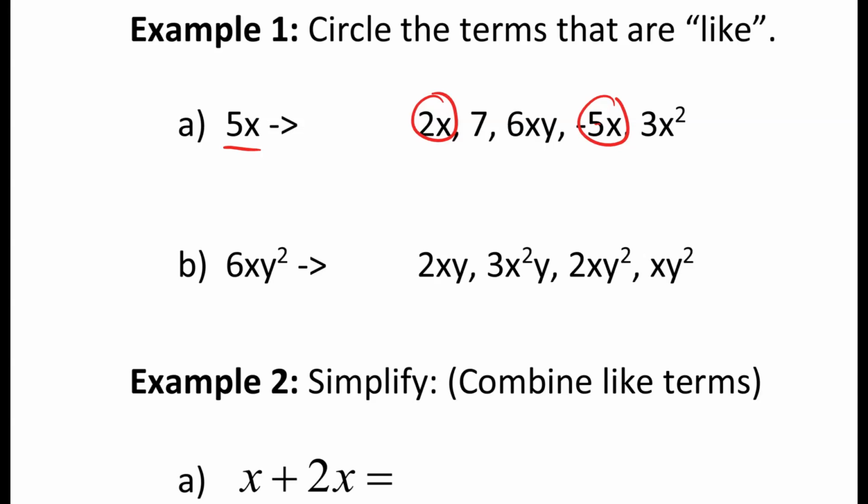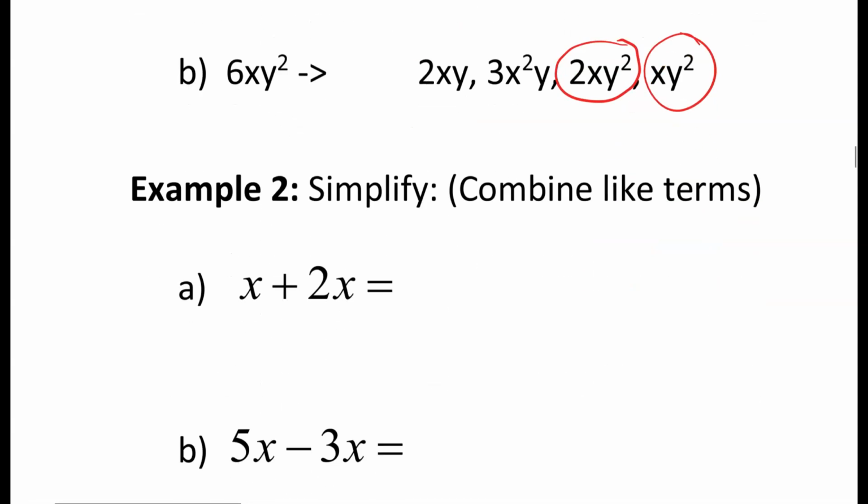It does not have a squared on the y, so it is not a like term. 3x squared y, the squared is on the wrong variable, so it is not a like term. 2xy squared, we have the x and the y is squared, so it is a like term. And we have xy squared, and this as well would be a like term because we have the variables x and y, and the squared is on the y.